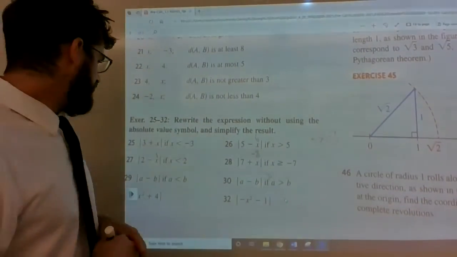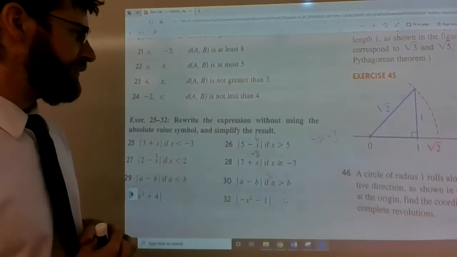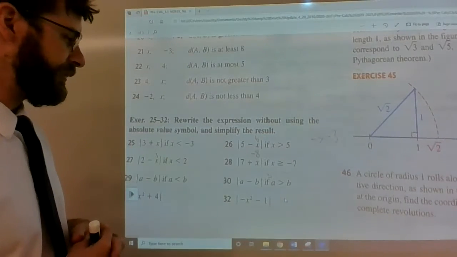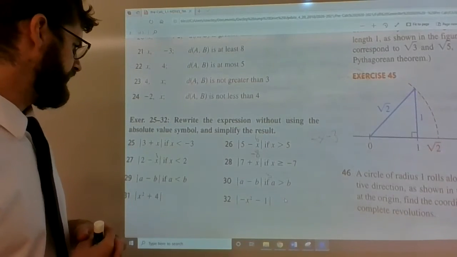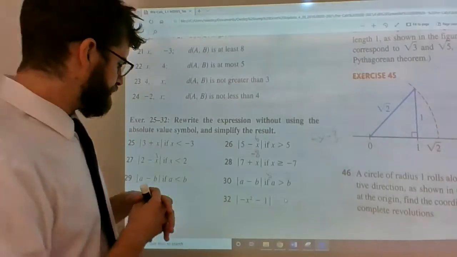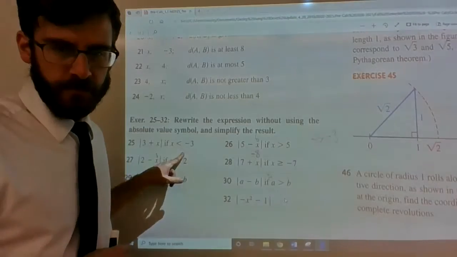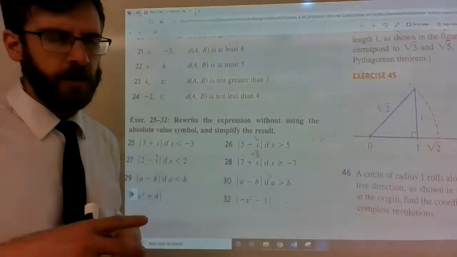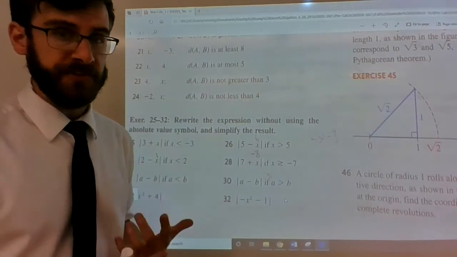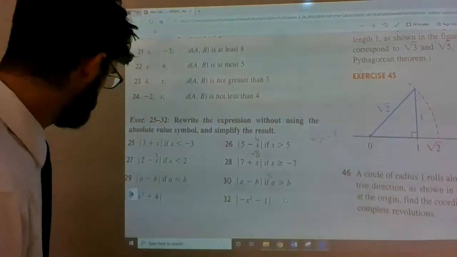So in number 25, they're trying to get you to, again, rewrite the expression without using the absolute value symbol. And they're saying x is always going to be less than -3. If you see something like that, let's play around with it by plugging in numbers that are actually less than -3.